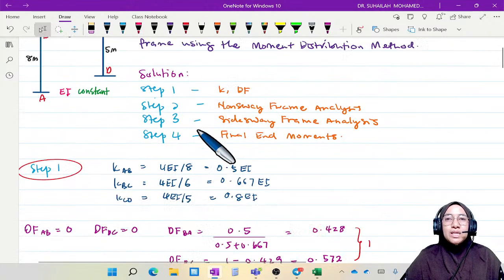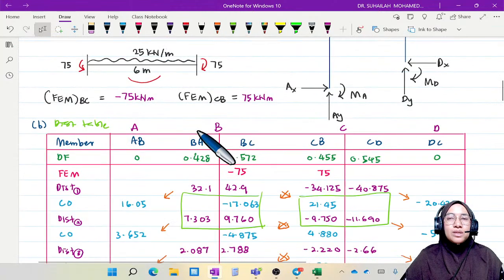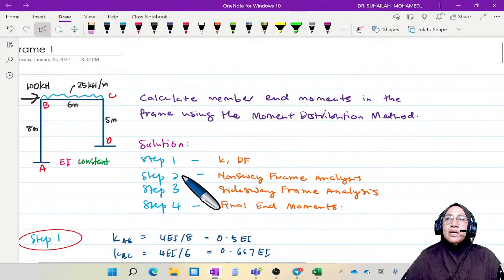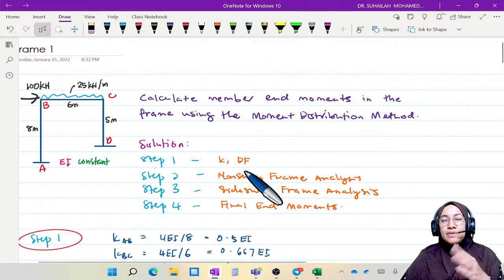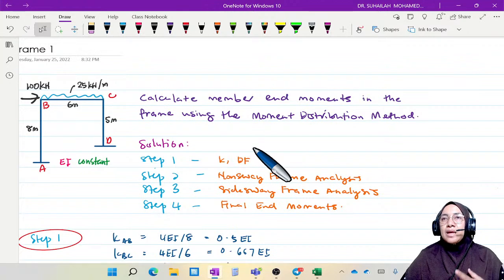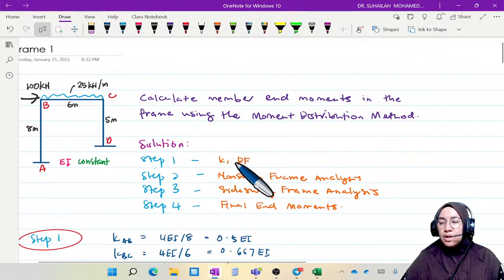So basically in this example, we have to follow the steps as mentioned here. Step number 2 and step number 3 will be the main body of the analysis. Under non-sway frame analysis, we calculate FEM, then table 1, to get M naught, and then we calculate the R value.